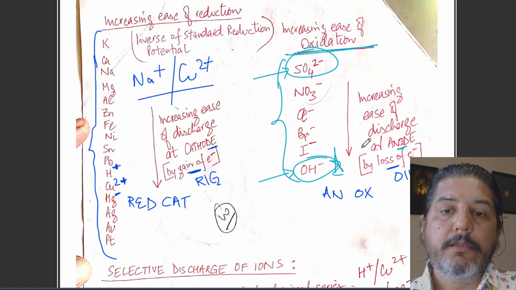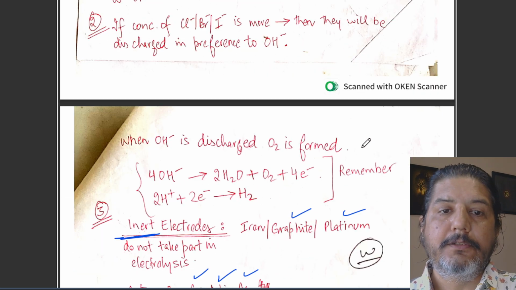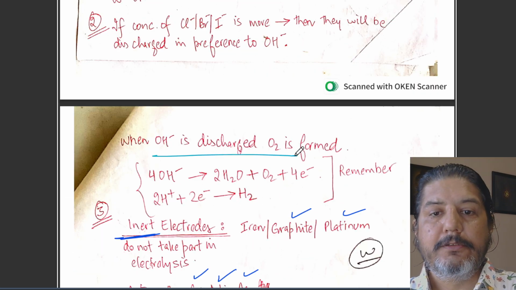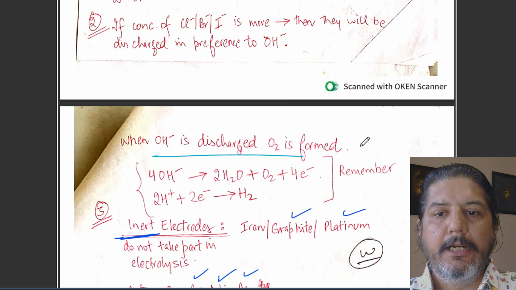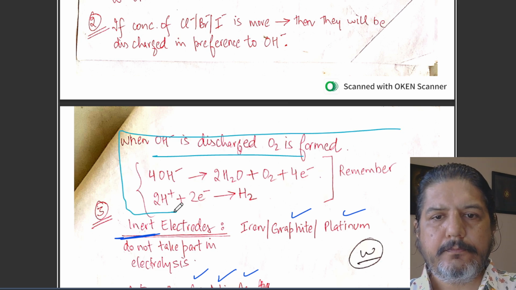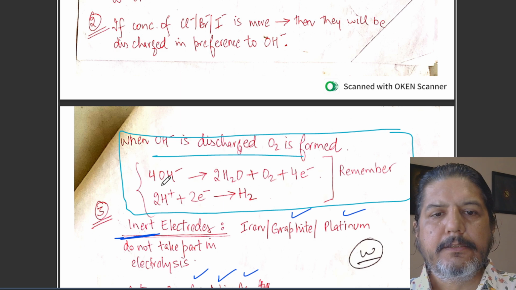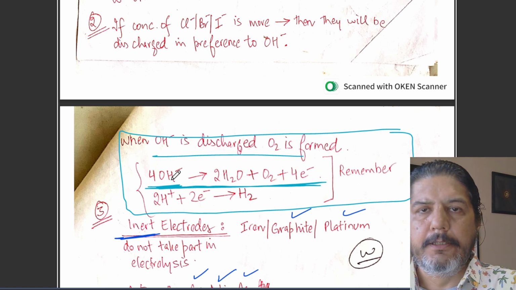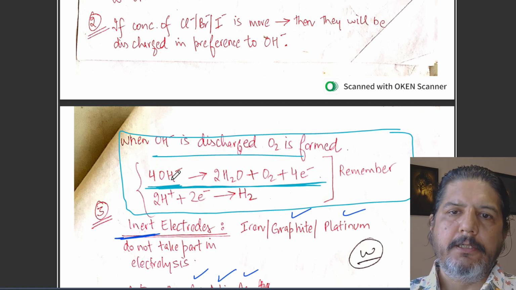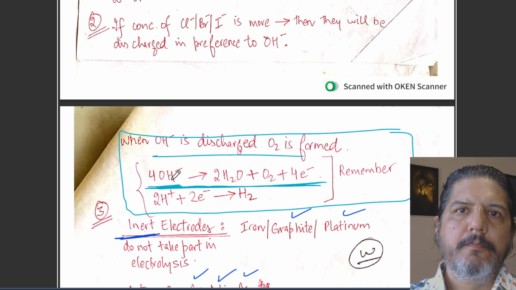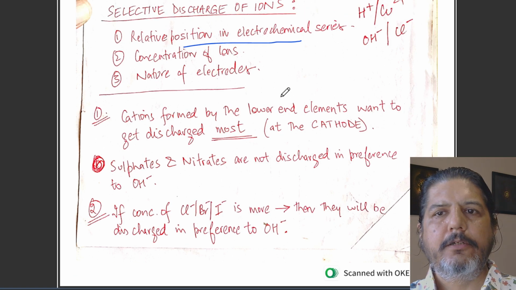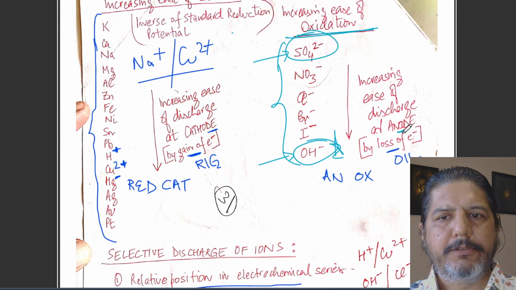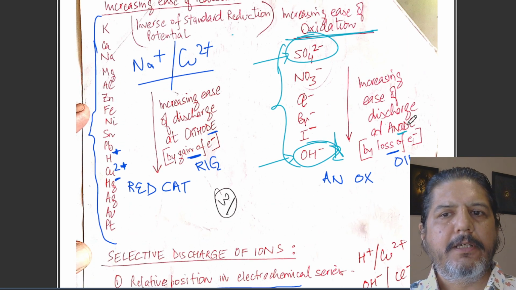One of the equations that you need to remember is that when hydroxide is discharged, O2 is formed. This is the equation that you need to remember. I'll repeat. Whenever hydroxide is discharged, oxygen is formed. So hydroxide will get attracted to the positive end. The positive end is the anode.